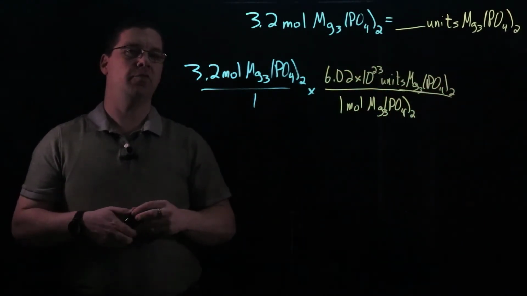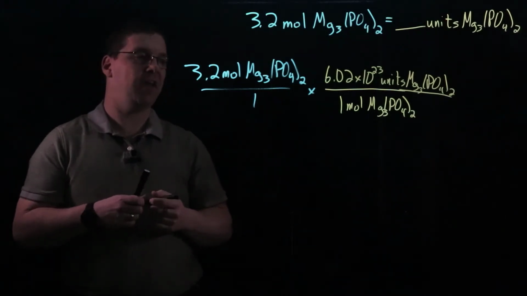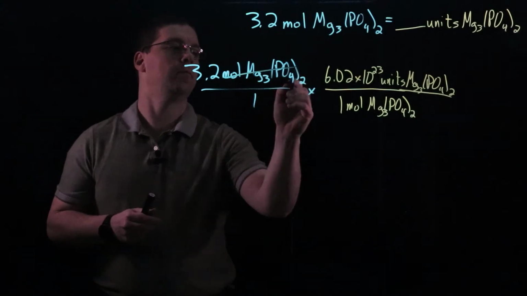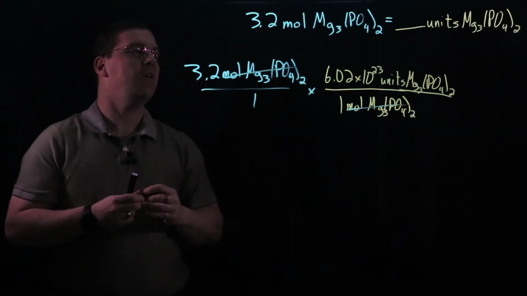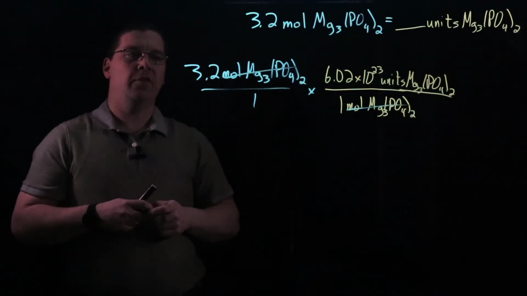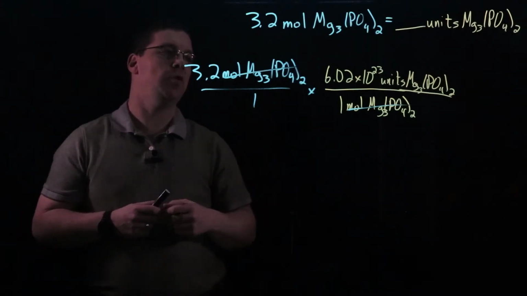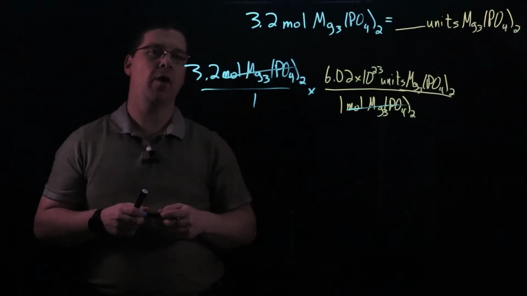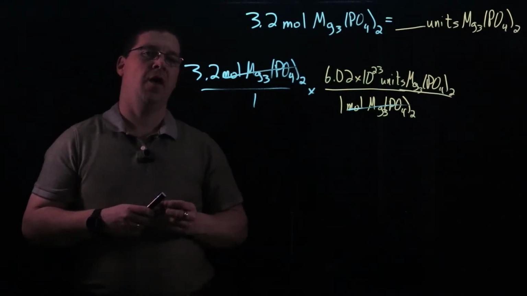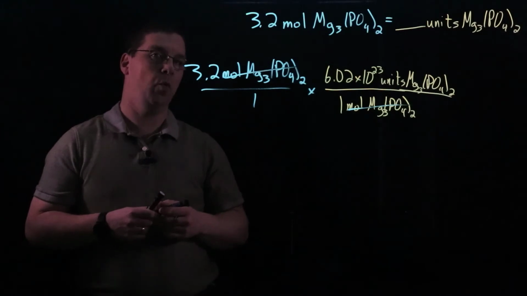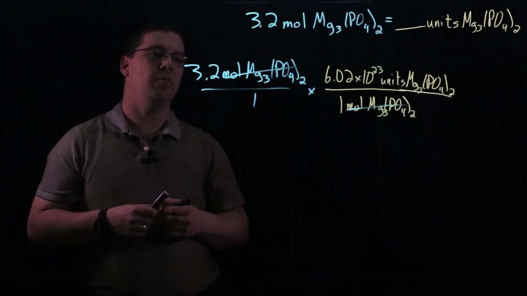Once I have that conversion factor set up, I can see that my mole units cancel out and I'm in the units that I want, so I would simply multiply the 3.2 times the 6.02 times 10 to the 23rd power and come to my answer of 1.9 times 10 to the 24th units of magnesium phosphate.